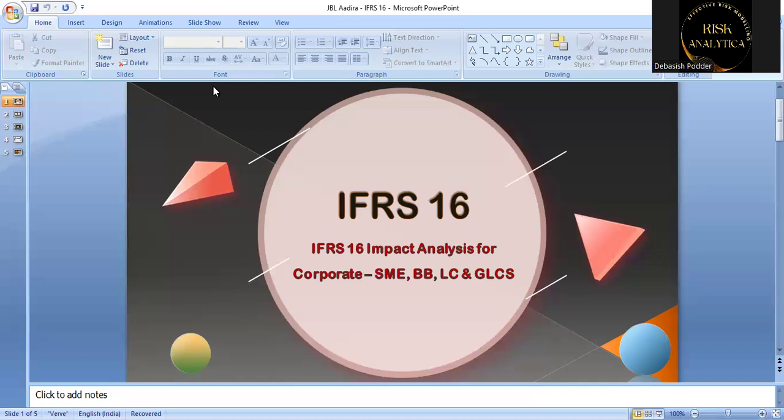Now, what is off-balance sheet? What is on-balance sheet? Off-balance sheet items are basically those which do not impact the total asset calculation. We keep them as a footnote after the balance sheet.